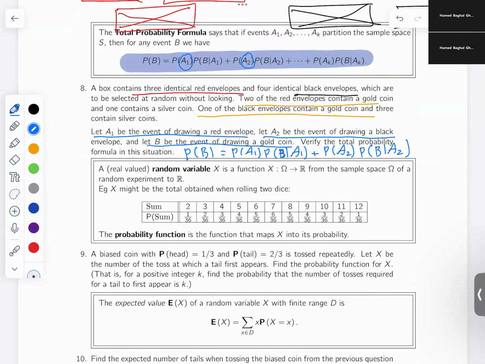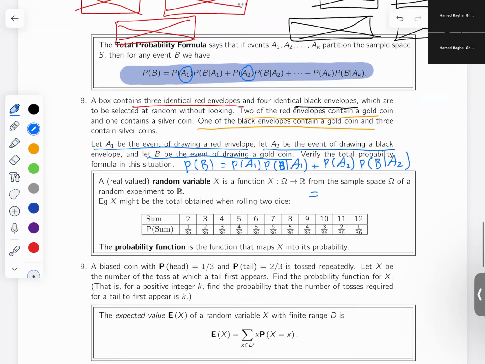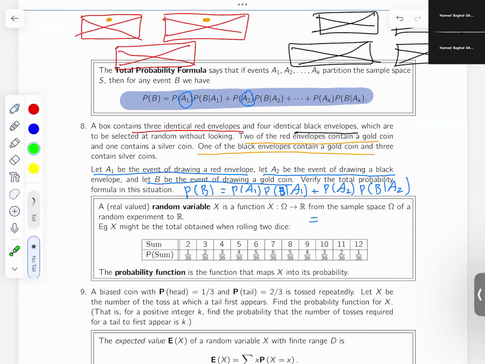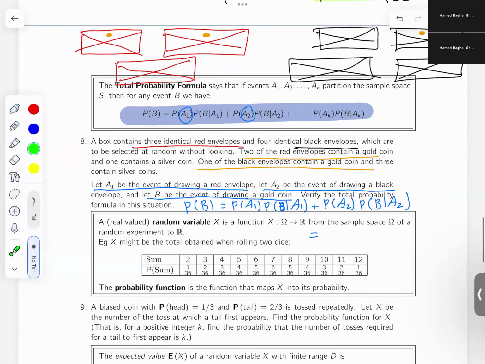So equal, what's the probability of A1, getting red envelope? 3 out of all of the envelopes means 3 over 7, times probability of gold, given that we got the red envelope.